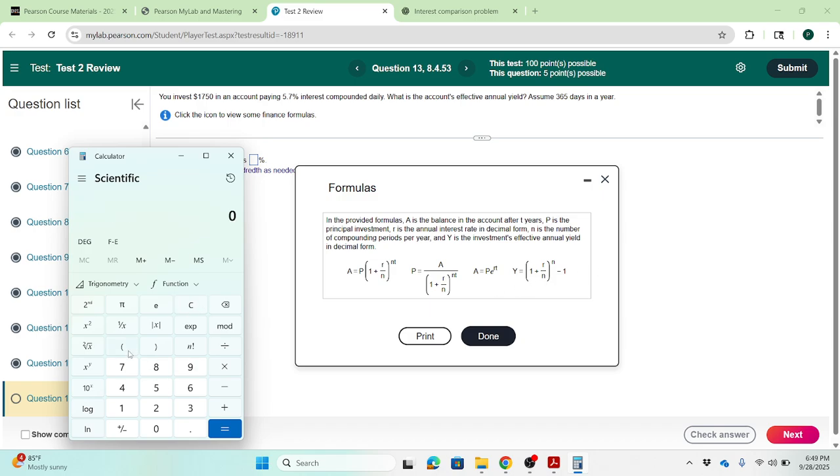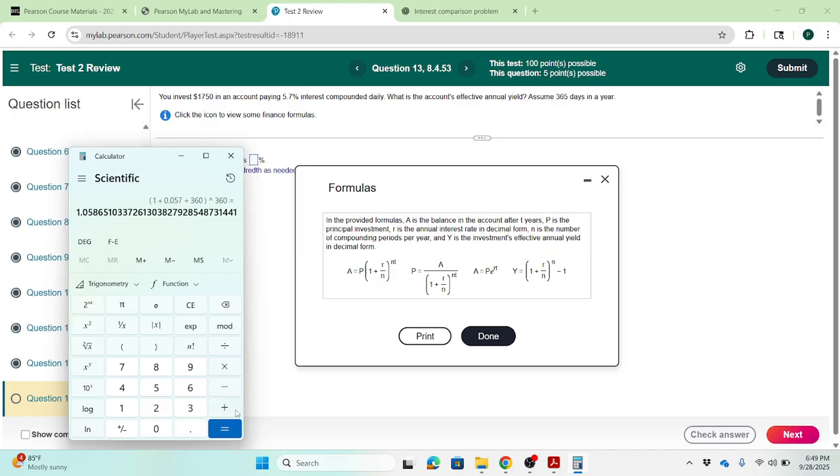Parenthesis 1 plus rate, 0.057 divided by 360 because it's compounded daily, and then to the power 360 because to the power n, and then minus 1.